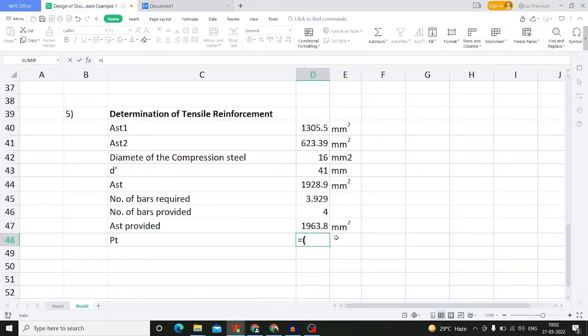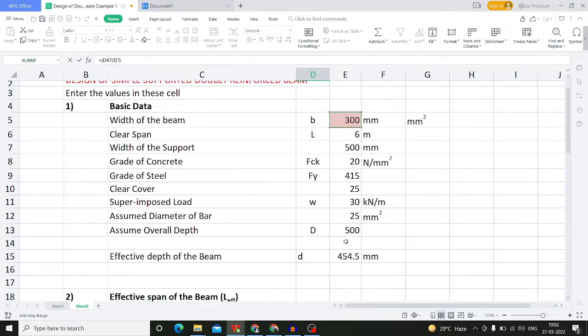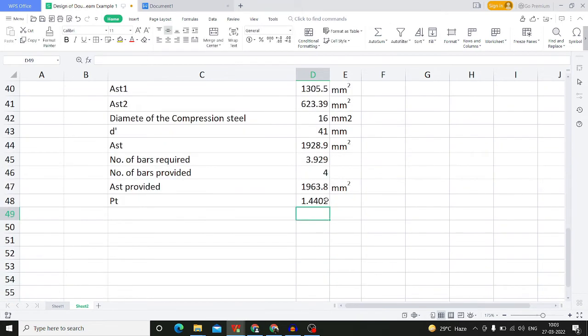Take AST provided in bracket, AST provided divided by B into D. B is width of the beam into small d into D, bracket close. One more bracket we have to close here, into 100. So this is the percentage of reinforcement provided.